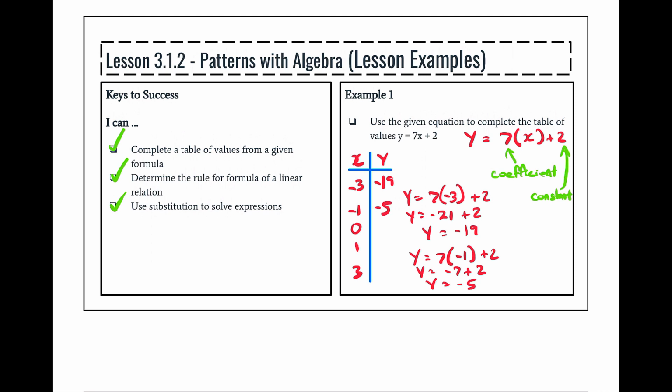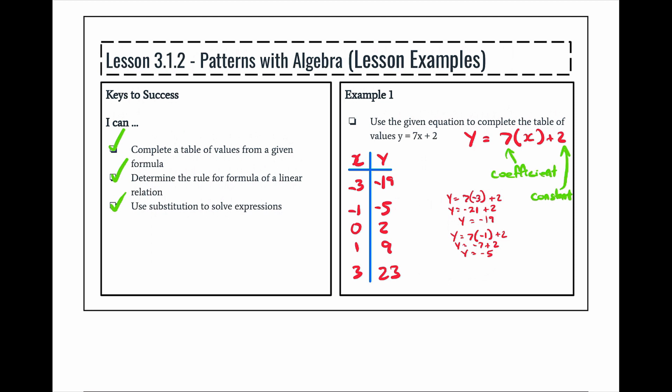Now I just want you to finish the last 3 right there, pause the video, get that done, turn it back on, and you'll see the values that I have also calculated. Okay, so these are the values that you should have got after doing the work. Hopefully you got them right, and let's move on to example 2.